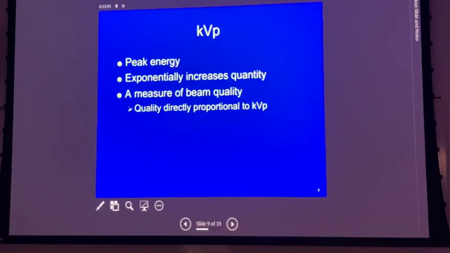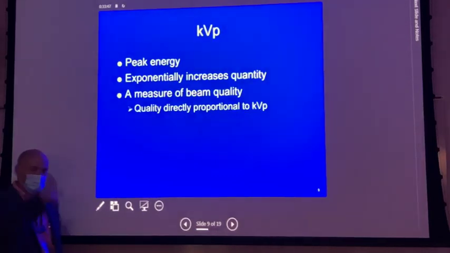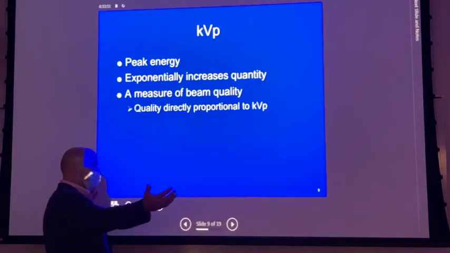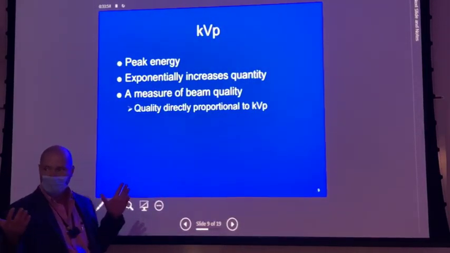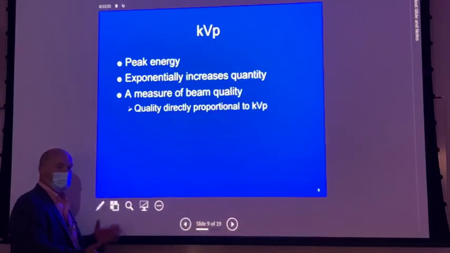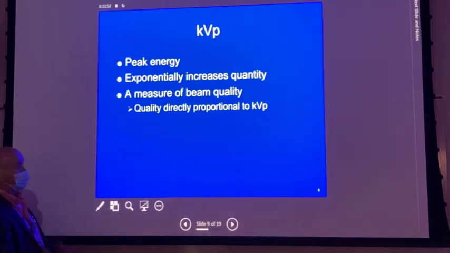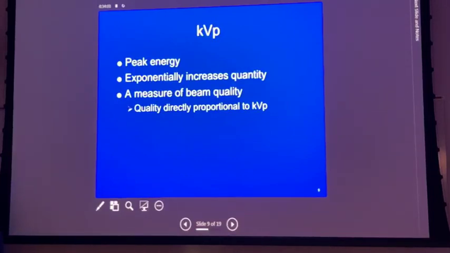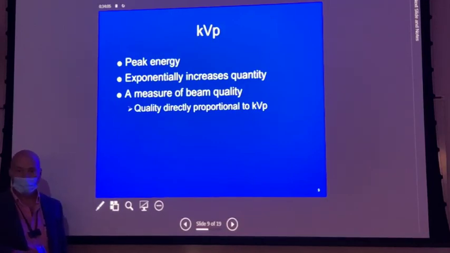When we're talking about kVp, we're talking about the peak energy, right? P represents the peak energy. So back to the Brems spectrum, the right-hand end of that spectrum represents the peak energy, the highest energy. It's as high energy as you possibly can create, and largely that's representative of your Brems spectrum.